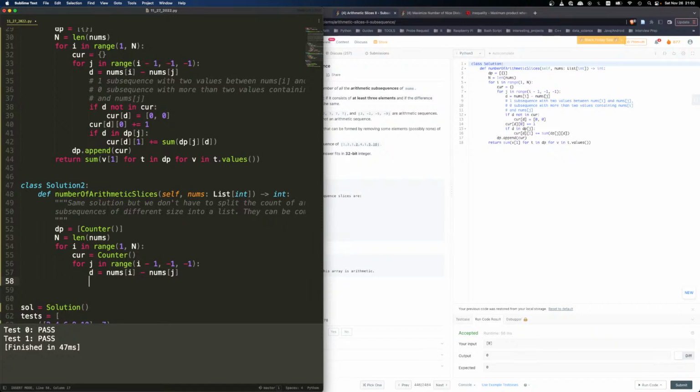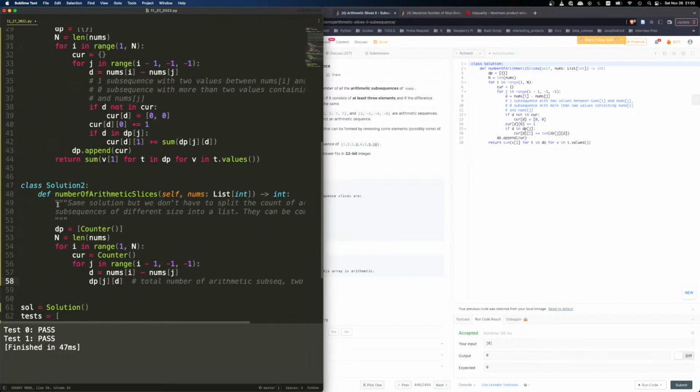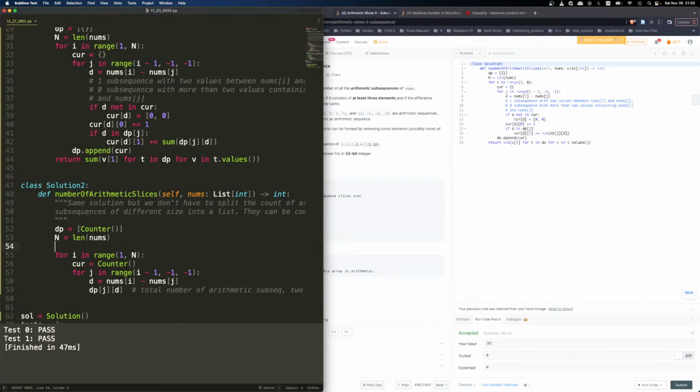Then we go to dp[j][d]. dp[j][d] is the total number of arithmetic subsequences, 2 or more in length, right? That's what we have. And then we have a result.